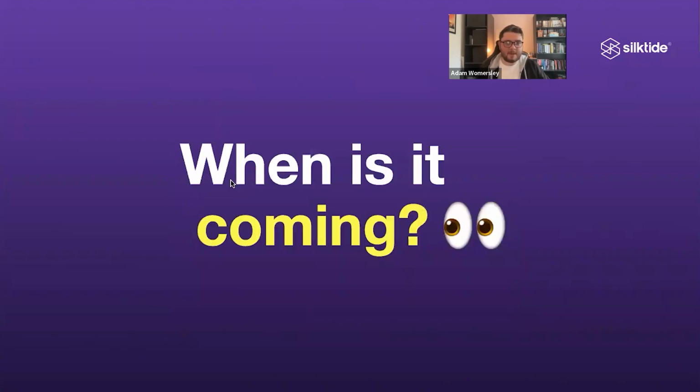So when's it coming? Well, it was supposed to be in November 2020. That passed. Then it was supposed to be June 2021, then summer 2022, then September 2022. Now it's December 2022. So a nice Christmas gift for us all, I suppose.